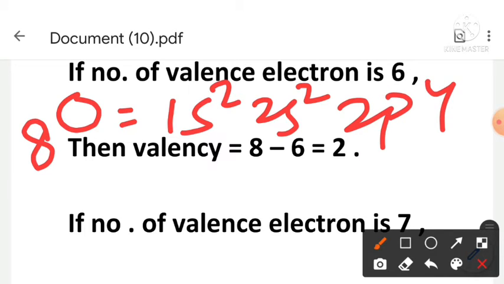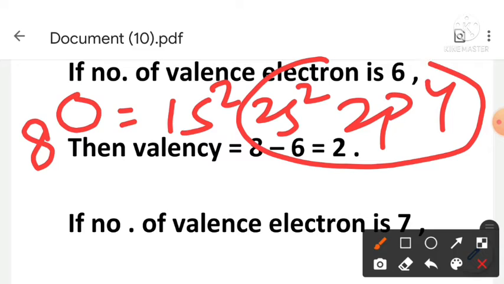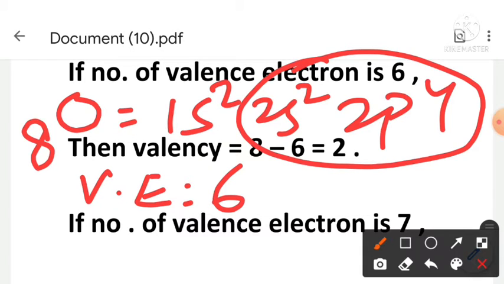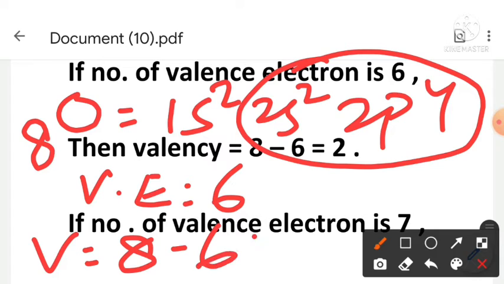Now the outermost shell of oxygen is 2s2, 2p4 and number of valence electrons 2 plus 4, 6. Here valence electron is 6. So by using the octet law, valency is equal to 8 minus 6 is equal to 2. Then valency is 2 in oxygen.